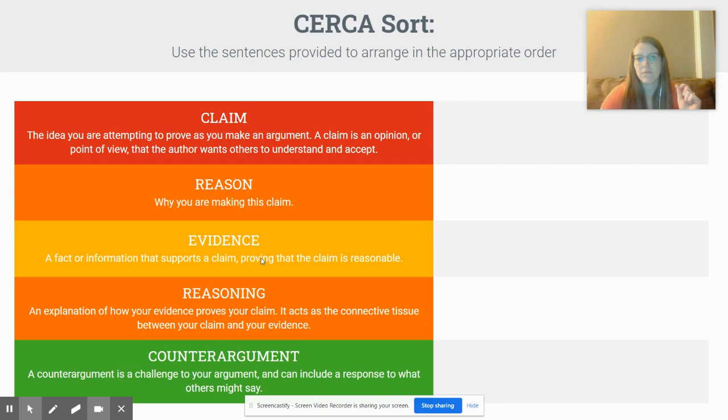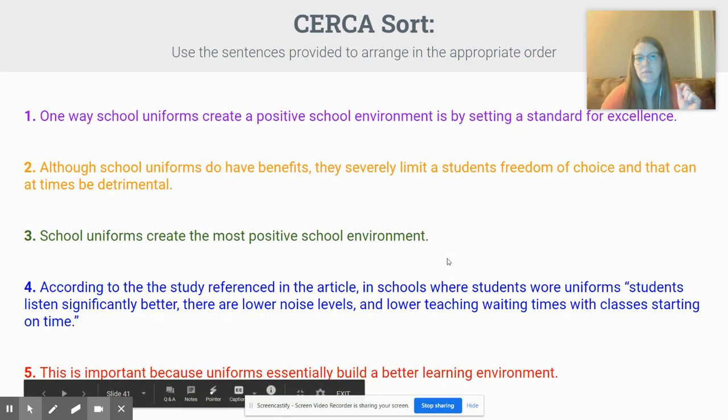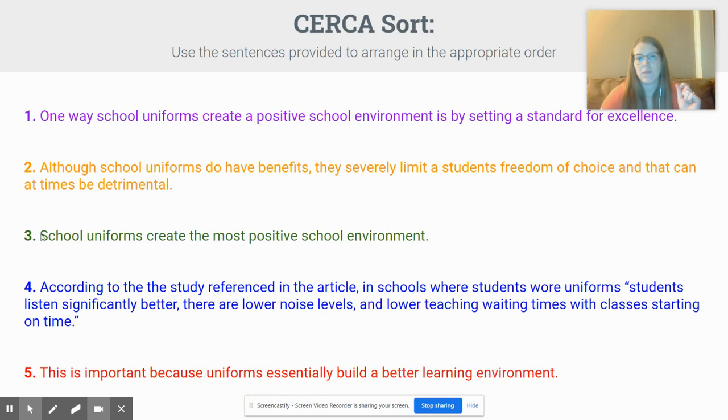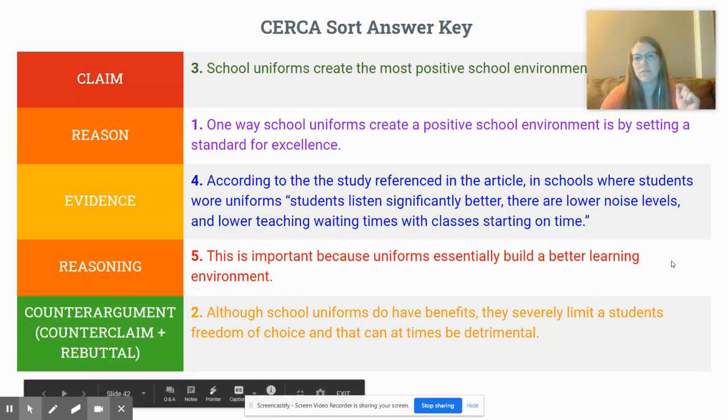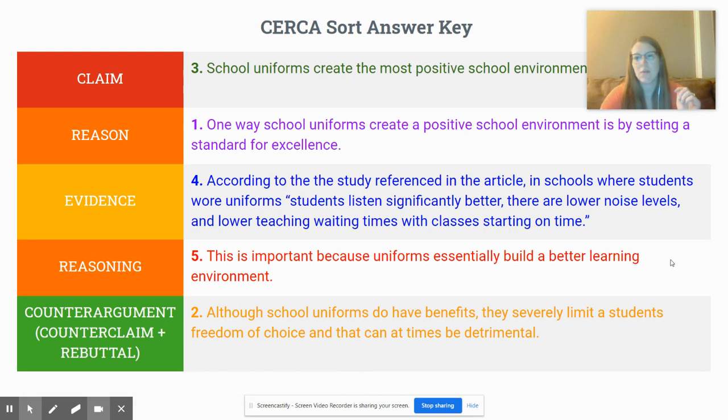Their opinion, school uniforms create the most positive school environment. Here's the answer key. It's just another example. I almost didn't pull it up, but I think it's good for you to have as many examples as possible.